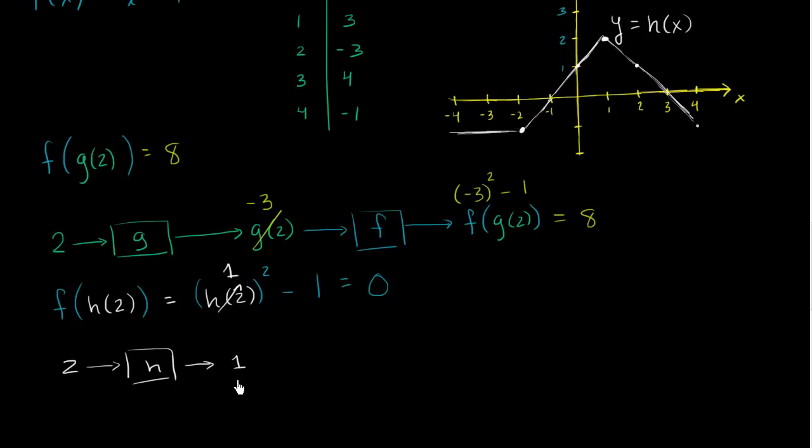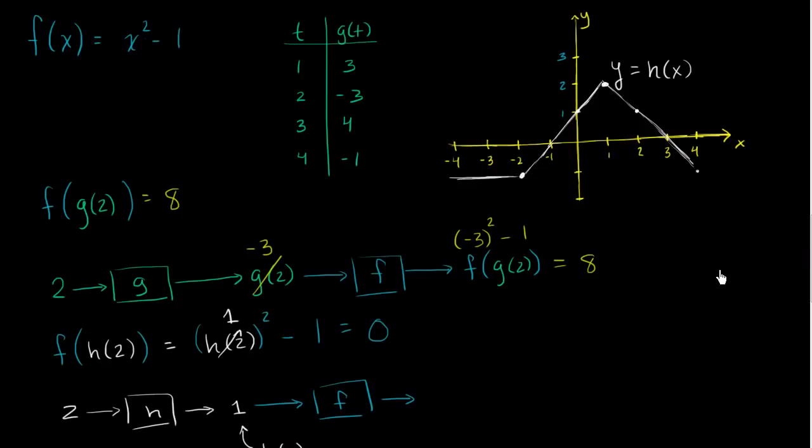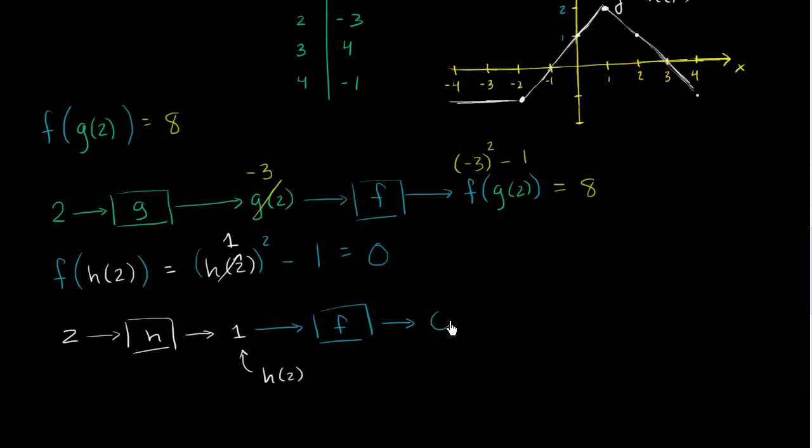So that is h of 2 right over here. And then we're going to input that into f, which is going to give us f of 1. f of 1 is 1 squared minus 1, which is 0. So this right over here is f of h of 2. h of 2 is the input into f, so the output is going to be f of our input, f of h of 2.